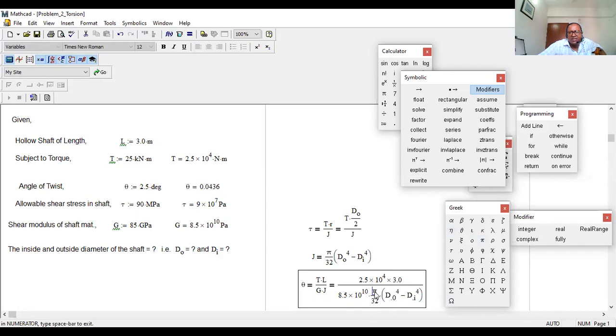And this mass is pi by 32. So in the bottom of this formula, what do we have?